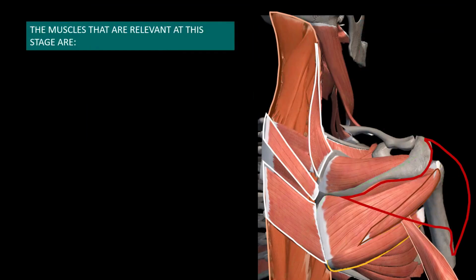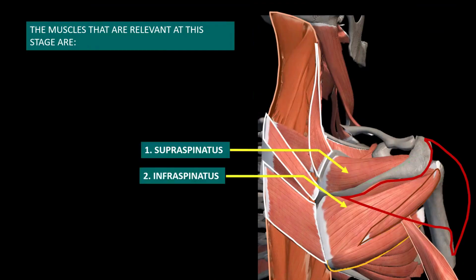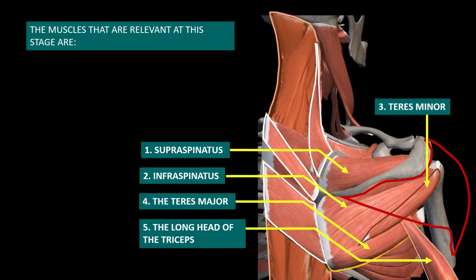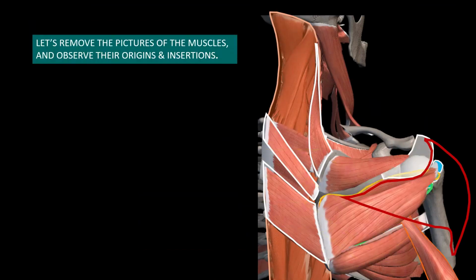The muscles that are relevant at this stage are the supraspinatus, the infraspinatus, the teres minor, the teres major, and the long head of the triceps. Let's remove the pictures of the muscles and observe their origins and insertions.